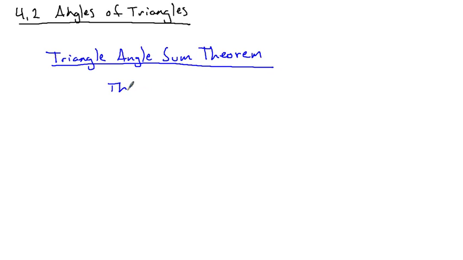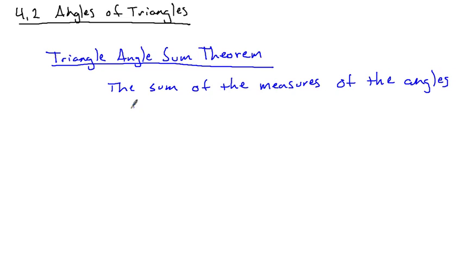It says that the sum of the measures of the angles of a triangle is 180 degrees. Well, you already know that. You know that a triangle adds up to 180, but we're just going to be a little more deliberate about it and a little more formal.